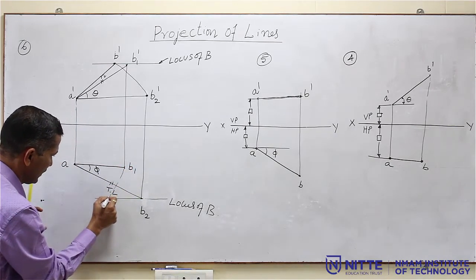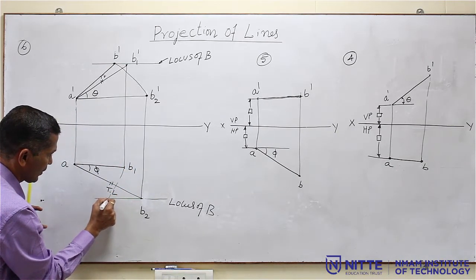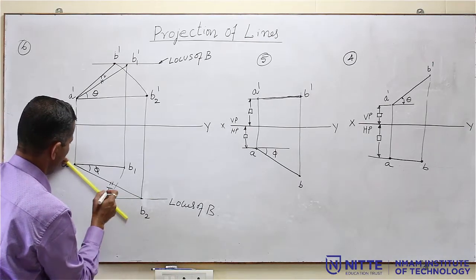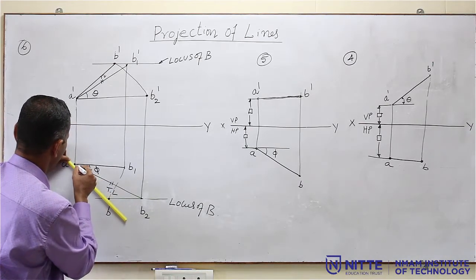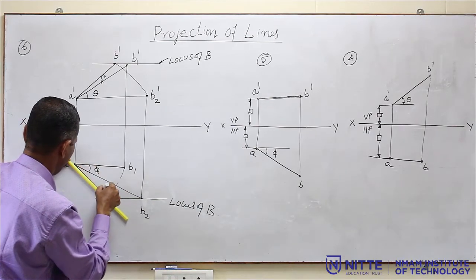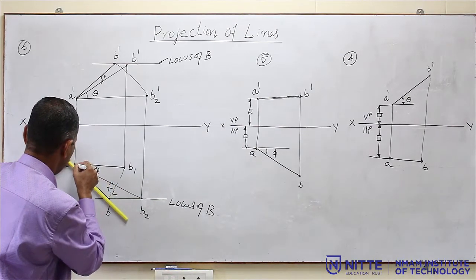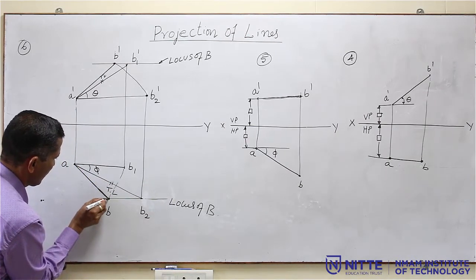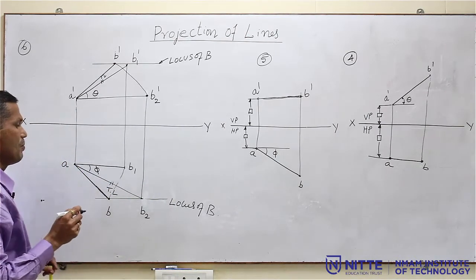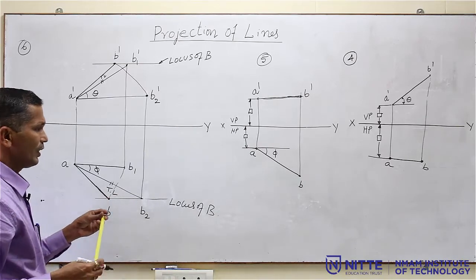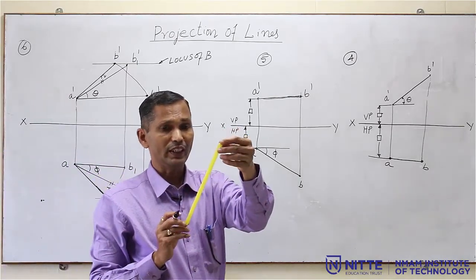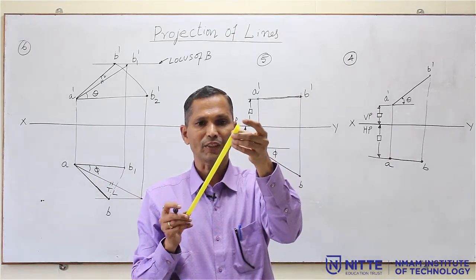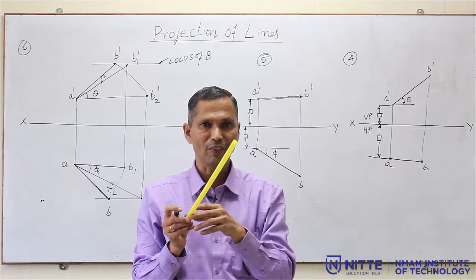It will cut the locus somewhere here; call this point B. Now you join AB. So this is the actual top view in this position, in the actual condition inclined to HP and inclined to VP.